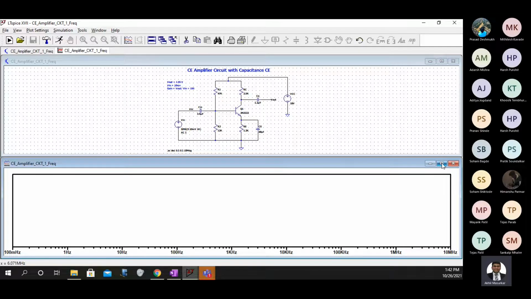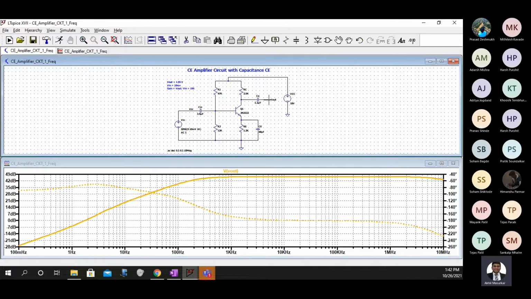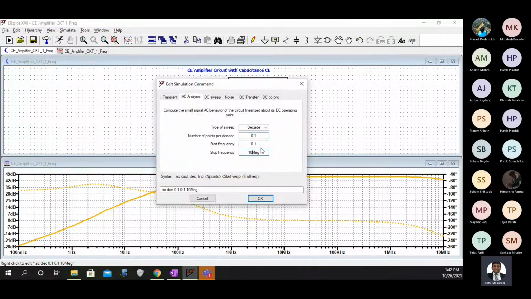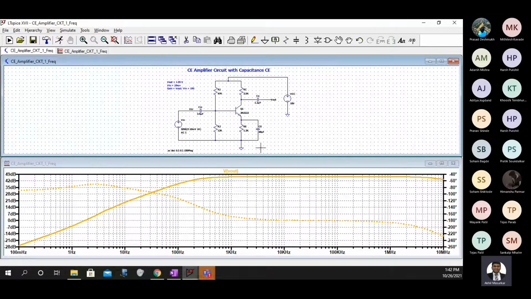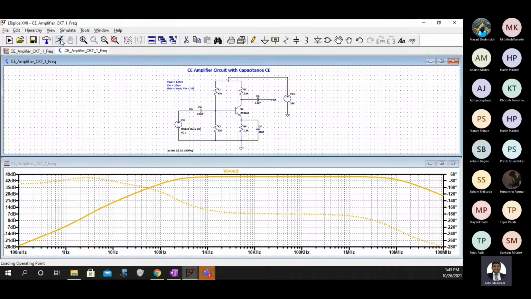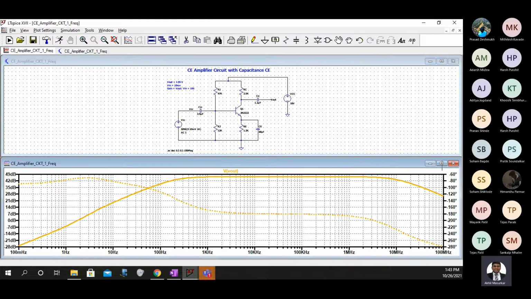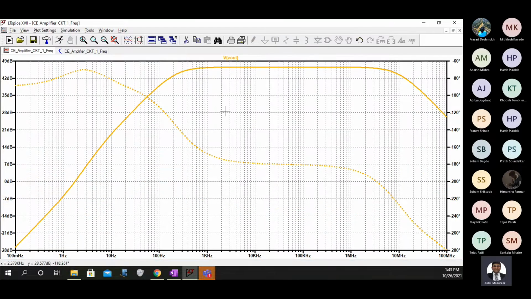Let's simulate this. Now what we want to see is V out. You can see this is the V out, that is the response. Instead of 10 mega, I'll make this 100 mega and run this again, and you can see that this is the response you should get.